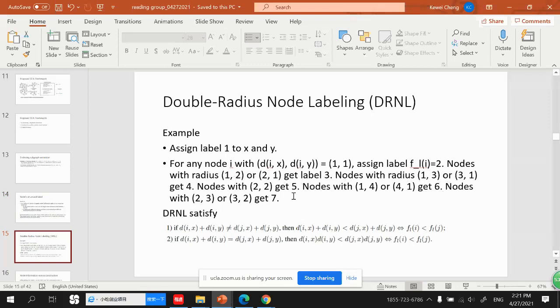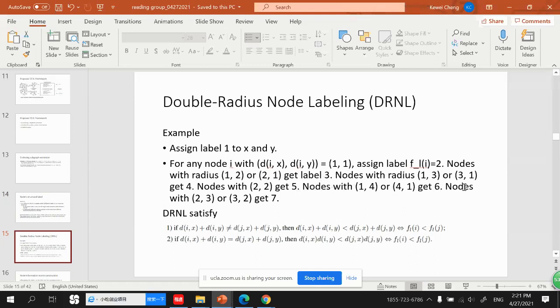So by observing this example, we can see that basically the idea to assign the label is that if the sum of the radii has a smaller value, then it will be assigned a smaller label.